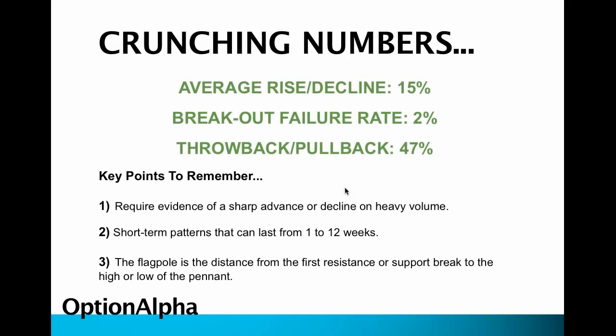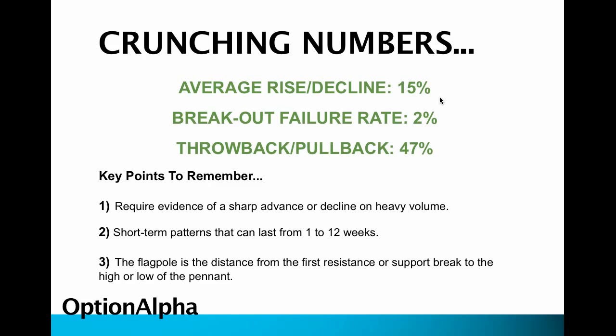Crunching the numbers here, as we always do with these video tutorials, it's pretty interesting to see when you go back and average out a long period of time and look at a lot of these patterns, that the pennant pattern has an average rise or decline of about 15%, which is actually a pretty good pattern. Now again, you understand that this pattern is a very short-term pattern.